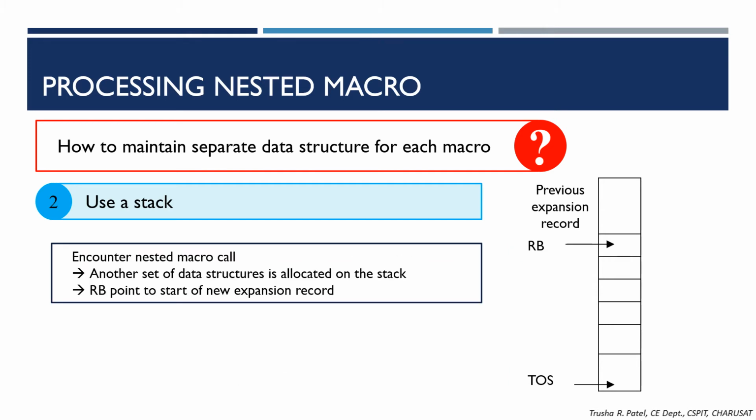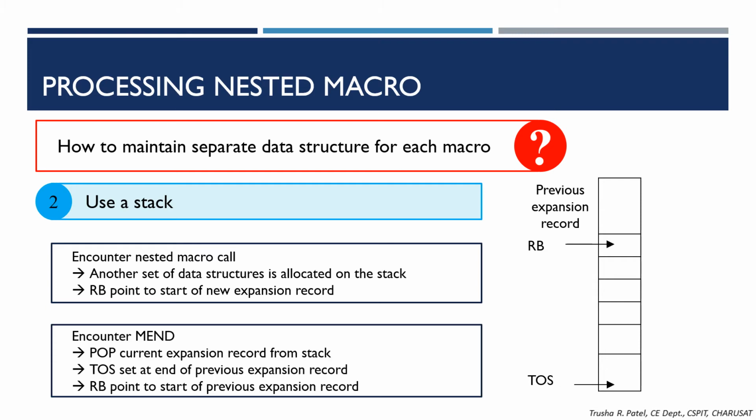Now, whenever we encounter a nested macro call, another set of the data structure is allocated on the stack. Now, RB will point to the start location of the new expansion record, and TOS will point to the end location of the new expansion record.